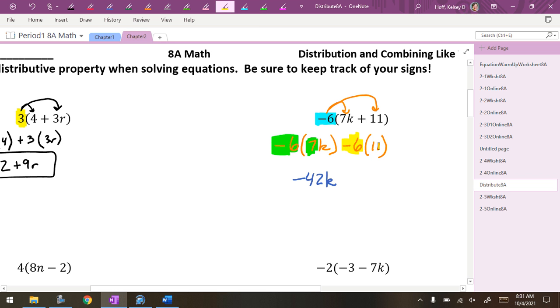Don't shout. Negative 6 times 11 is negative 66. So we write minus 66. Do not put a plus sign here. Whatever this ends up being, positive or negative, that's what determines this. You should only have one sign there.